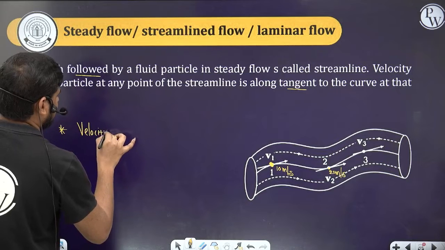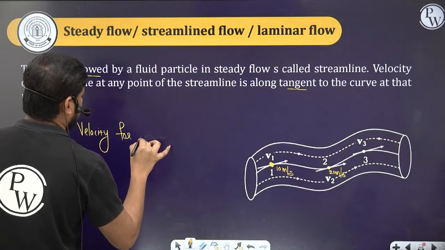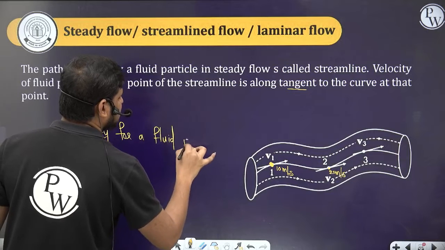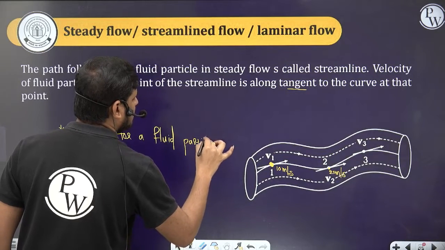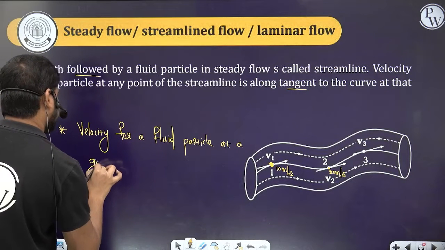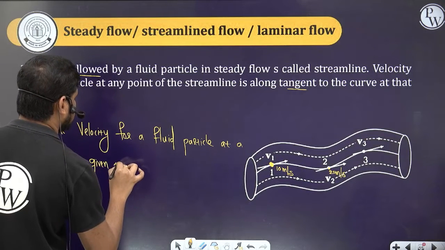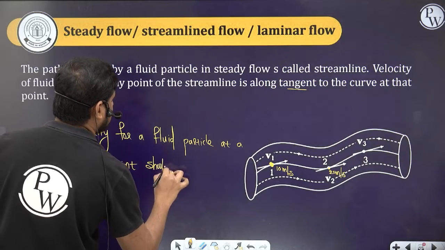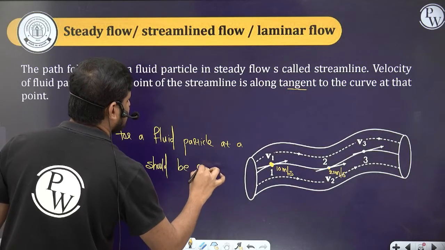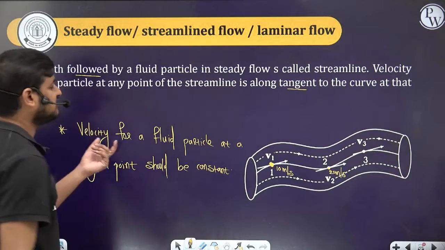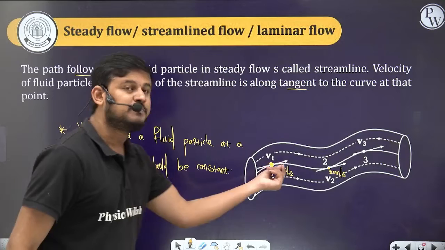Okay, so the velocity for a fluid particle at a given point should be constant. The velocity for a given fluid particle at a given point should be constant.